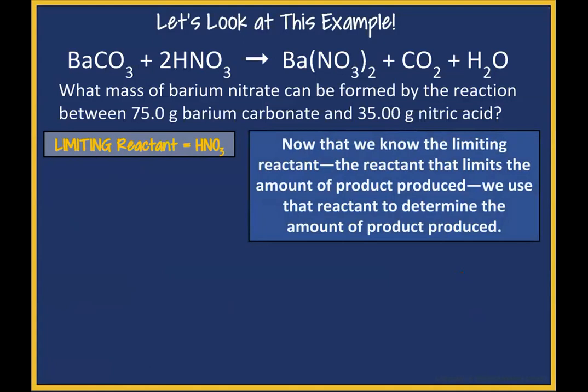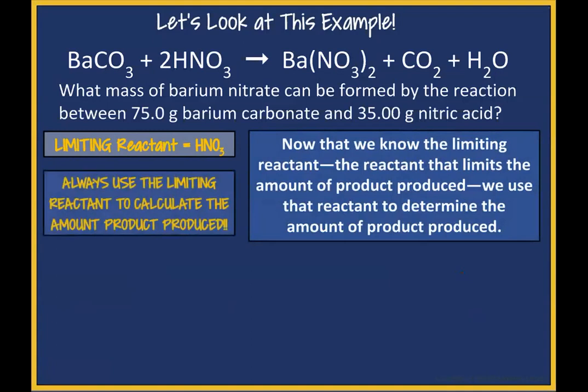We use that reactant to determine the amount of product produced, like we did in the lessons last week. We're going to start with 35 grams. Always use the limiting reactant to calculate the amount of product produced, because if you use the excess, we don't have enough of the limiting.